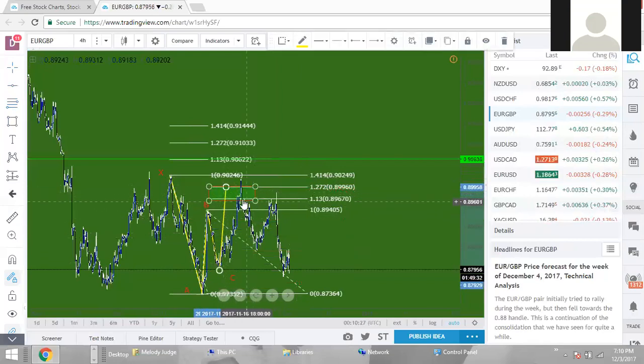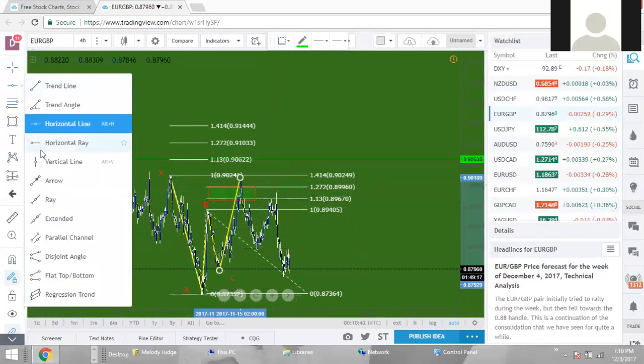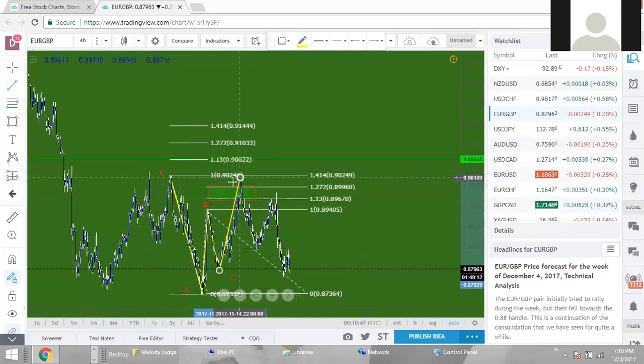It didn't quite stop at the 786. It went a little bit past the 127. Nonetheless, once it has made its move, you drag that D leg up to where it stopped, no matter what, because it's important for our targets and our stops and all of that stuff. So still a valid Gartley trade, if you would.